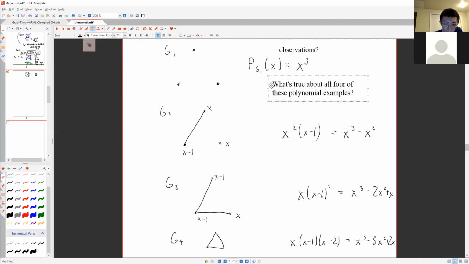Drita says, as you add edges, you subtract 1 from one of the 3 numbers you're multiplying.